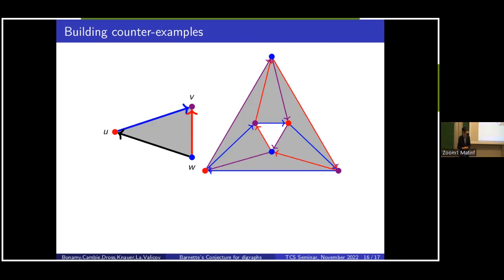Can you see the directed C4? Yes, each color forms a directed C4, right? So it means that my acyclic set must contain some edge from each of these directed C4, and so it cannot contain all of the vertices of that color.